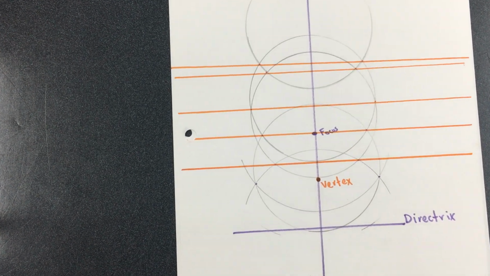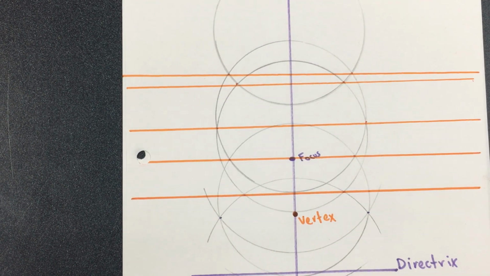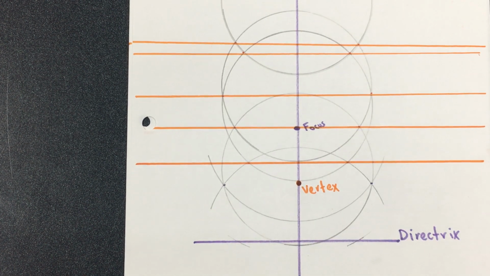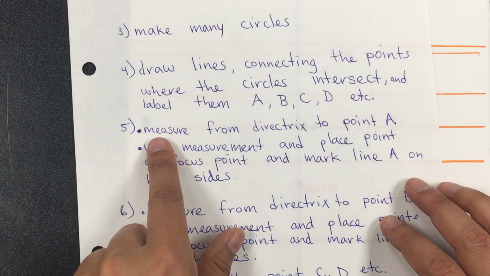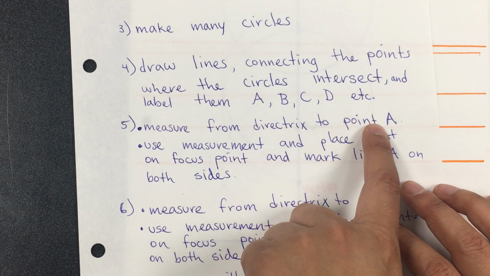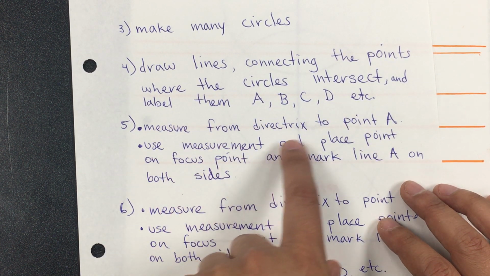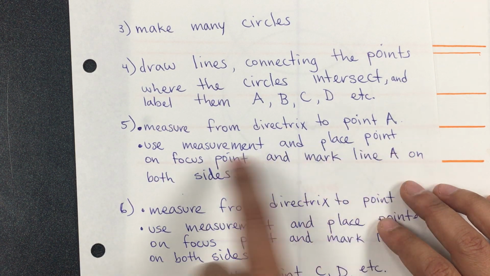Okay, so now this is a tricky part, and this is what you need to follow. I'm gonna zoom in a little bit. So what I'm gonna do is open my compass, and that's what it says here. Measure from directrix to point A. Use this measurement and place point on focus point and mark line A on both sides.